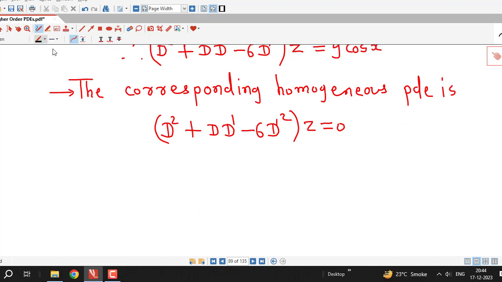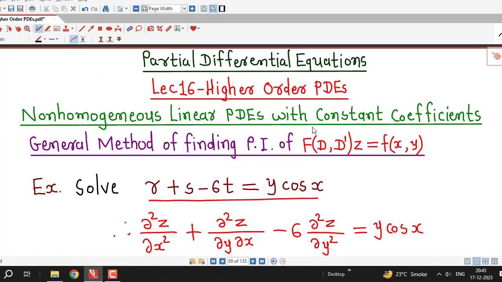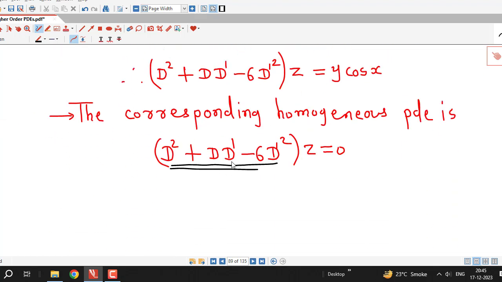Now here we can observe that this is a homogeneous function of D and D dash, so we can apply this formula. This formula is applicable if our function f(D, D dash) is a homogeneous function of D and D dash, and to solve this equation, first we have to replace D by m and D dash by 1 in this function and equate it to 0. That is, we have to write down the auxiliary equation corresponding to this.